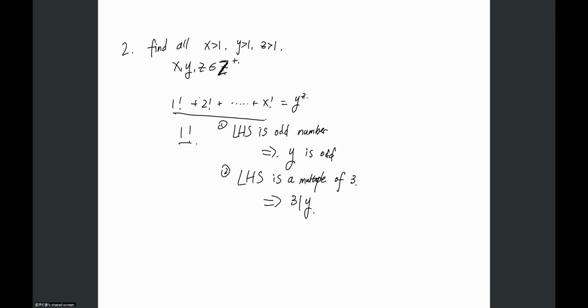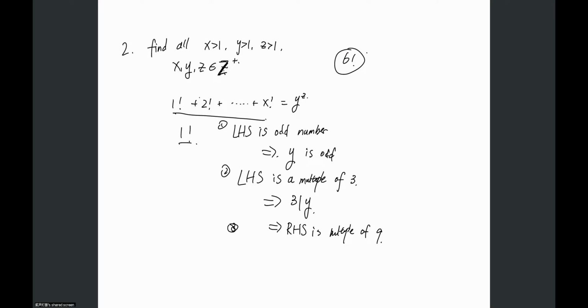y to the power of z. So the right hand side, if y is a multiple of 3 and z is larger than or equal to 1, the right hand side is at least a multiple of 9, right? And let's consider modulo 9 on the left hand side. After 6 factorial, of course, all the numbers are multiples of 9, right?